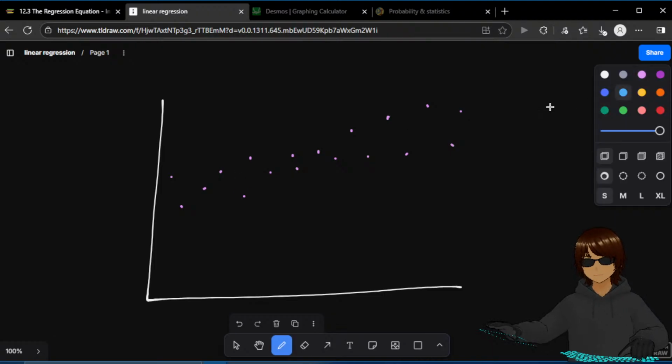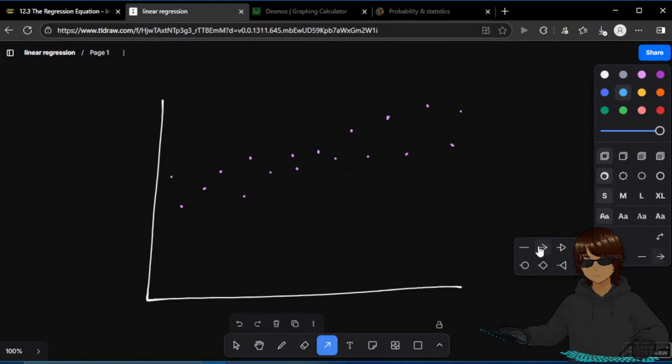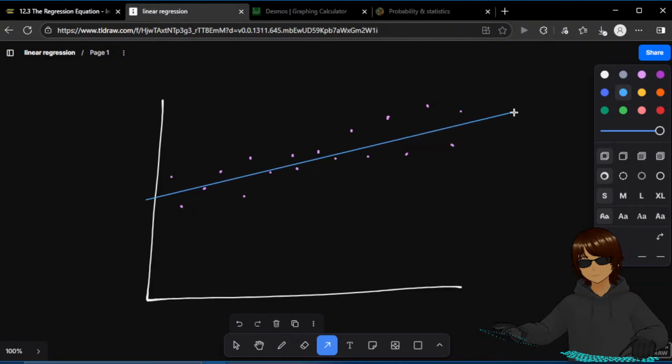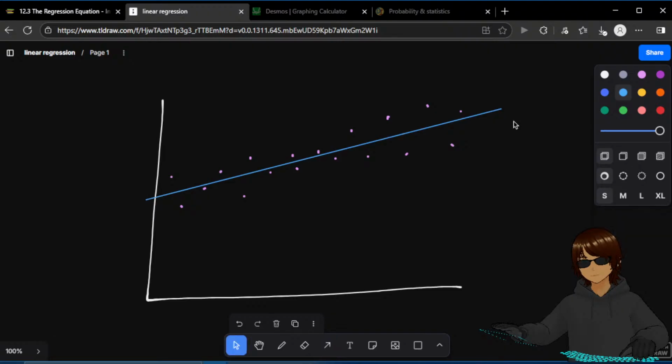Let's draw a line of best fit. There is a residual, or an error, between our predicted point and the actual value.